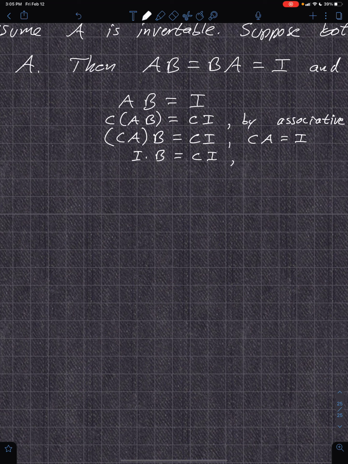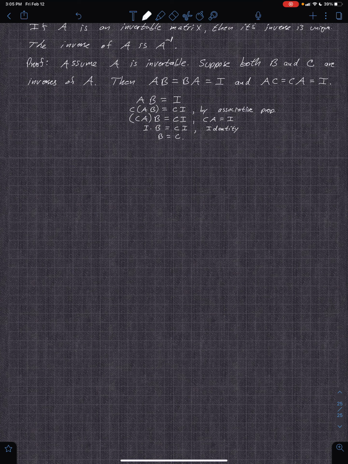And then because I is the identity matrix, those are just equal to each other. So B equals C. Therefore, the inverses are unique. Okay, so therefore, the inverse is unique.